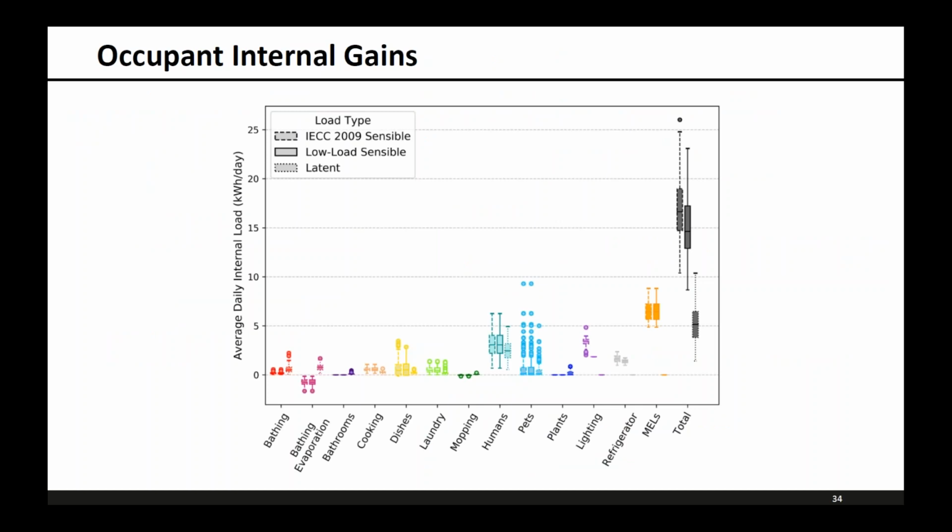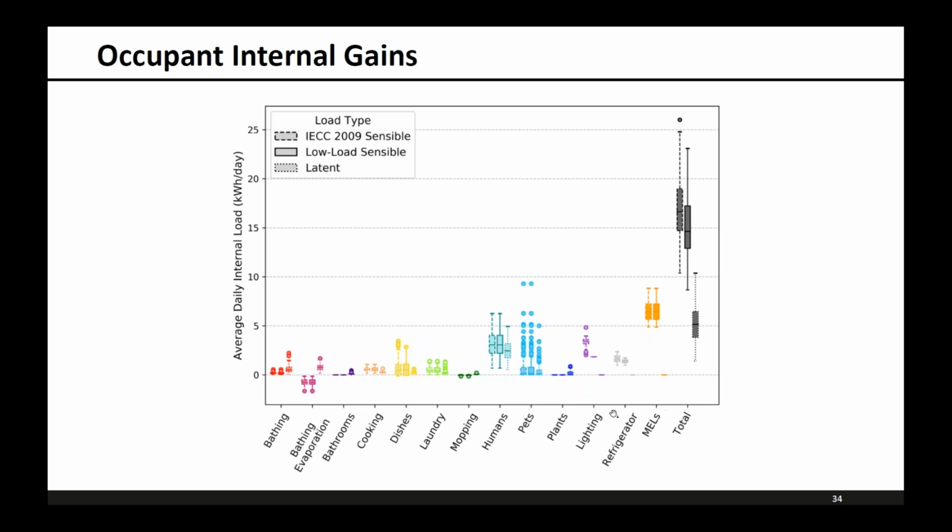So to try and illustrate the variation in internal gains and the different categories here, we've got box and whisker plots showing sensible and latent loads for all of the 200 profiles we used in the study.